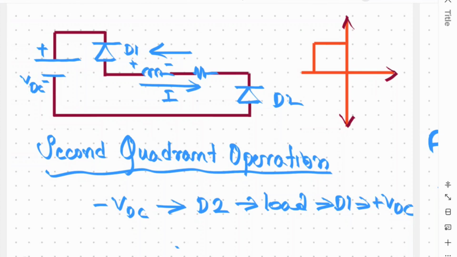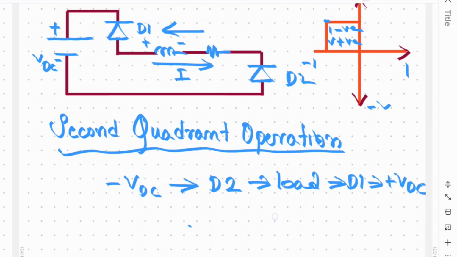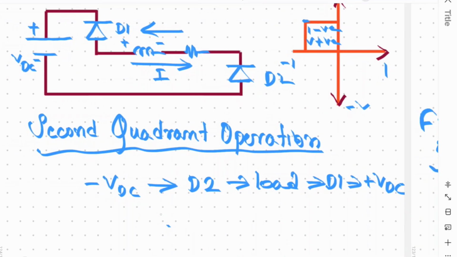In this condition, if we see V and I, here current is negative and voltage is positive. So this is the second quadrant operation. In this circuit configuration, we achieve the second quadrant operation. So the second quadrant operation is achieved when diodes D1 and D2 are on.